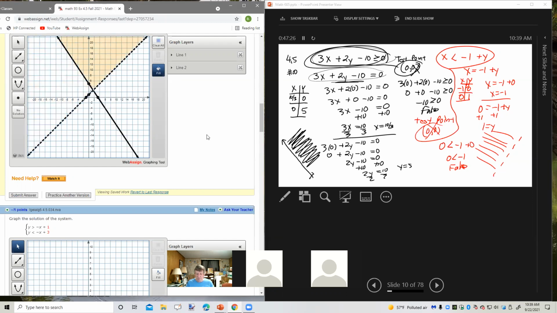So there is the complete solution. I've got a solid line for this first inequality, a dashed line for the second inequality. The shading where they overlap is up in this area. So the solution is this piece right here. And again, it extends beyond what you can see there, but there you have it.